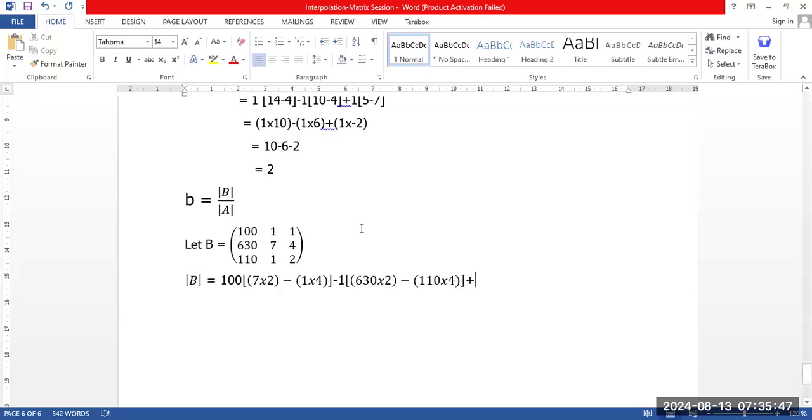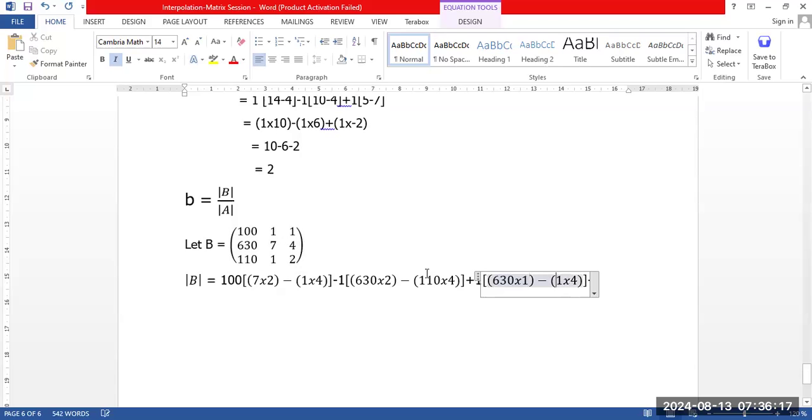After minus, we get plus. The figure you are going to write is 1. Then times, now we are hiding this and this. So we get 330 times 1, because we are hiding this column.